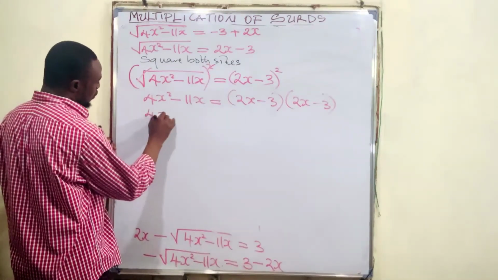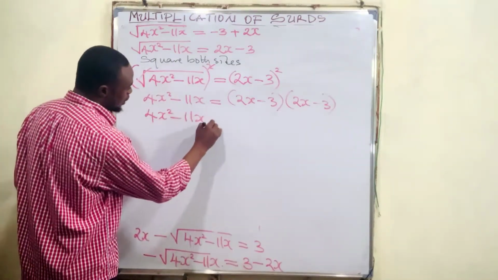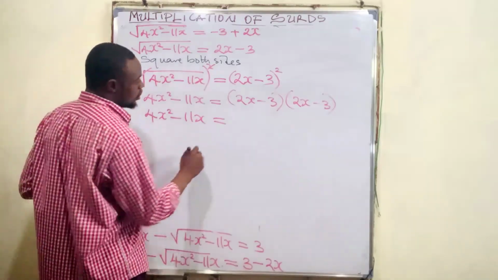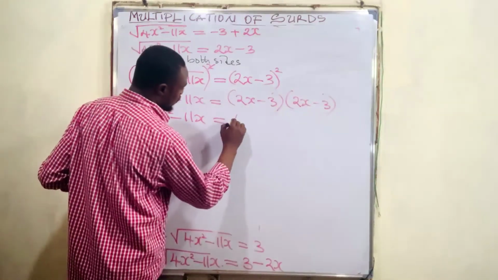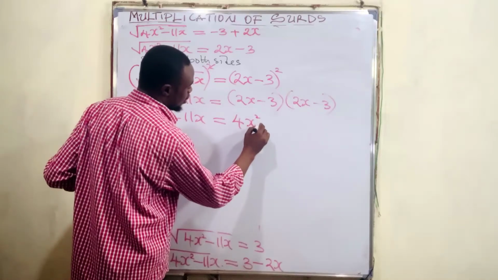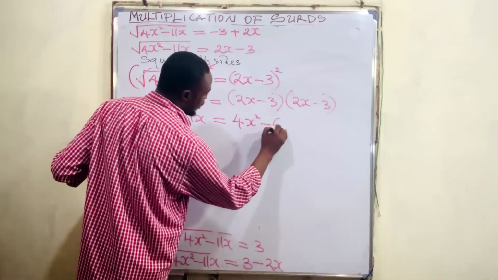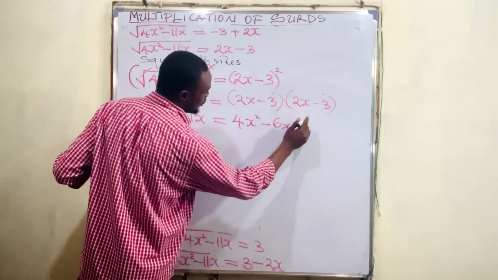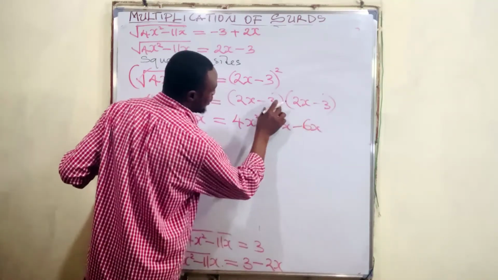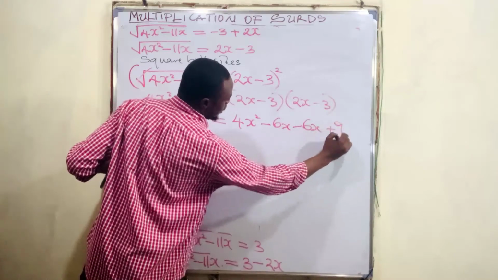So this is now 4x squared minus 11x to be equal to 2x multiplies 2x, we have 4x squared. Now 2x multiplies minus 3, we have minus 6x. Minus 3 multiplies 2x, we have minus 6x. Minus 3 multiplies minus 3, we have plus 9.